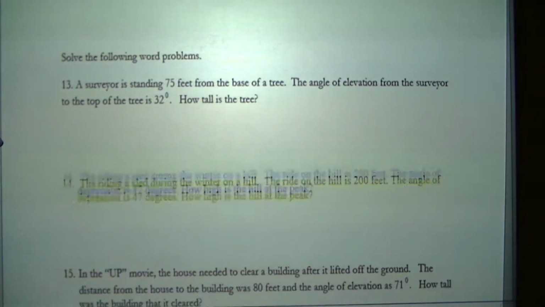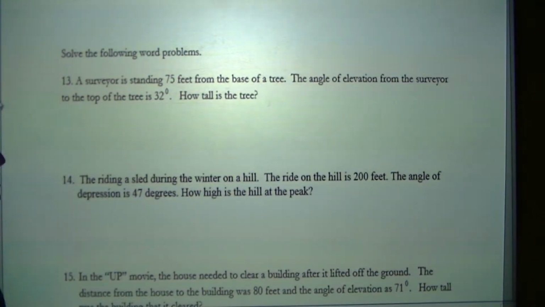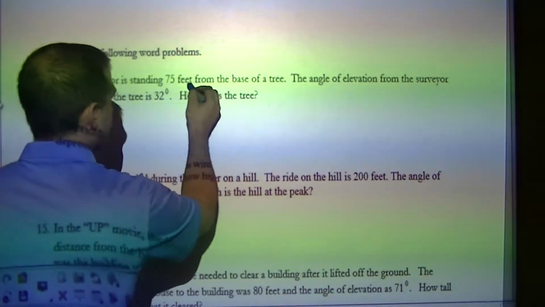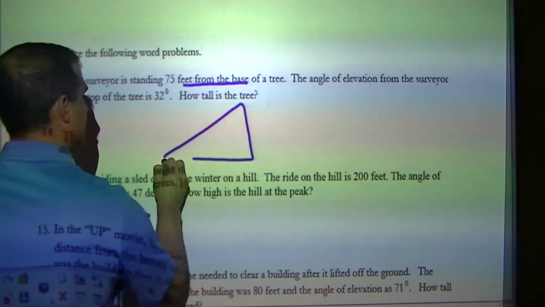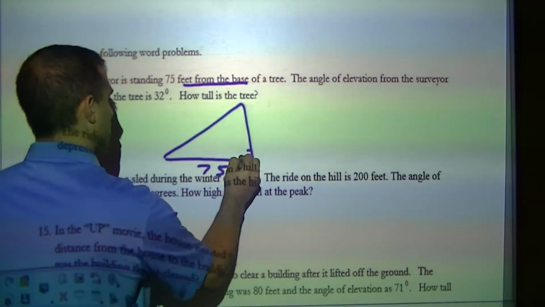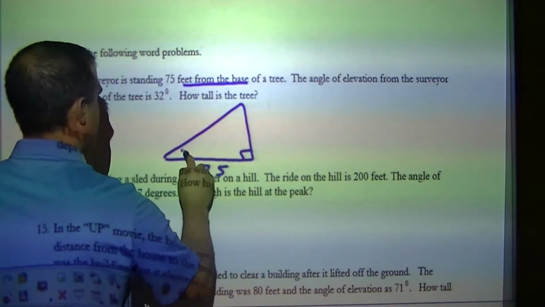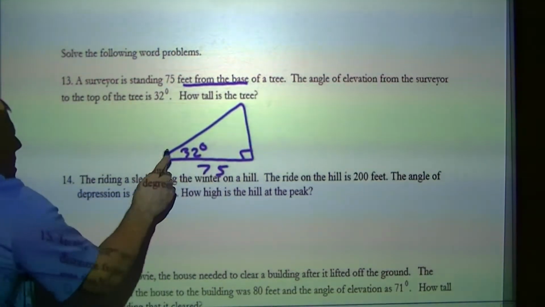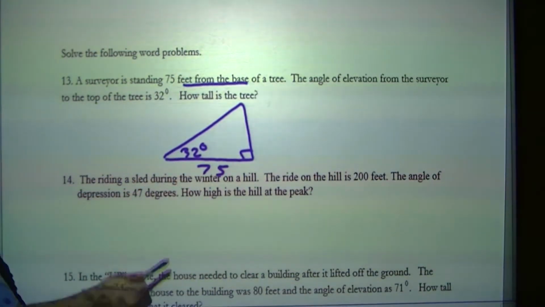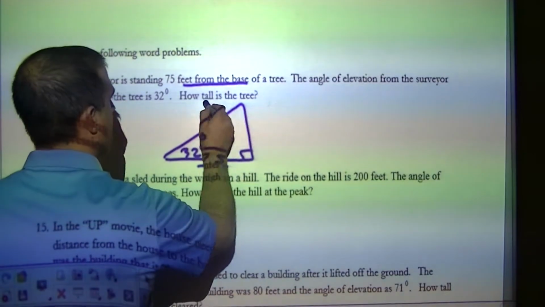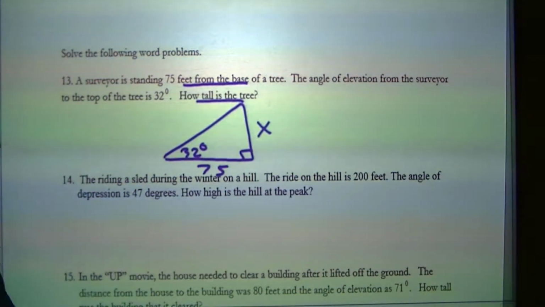These are your word problems. Say a surveyor is standing 75 feet from the base. From the base, that's referring to this. We're always going to have right angles with this. The angle of elevation is 32 degrees. Angle of elevation or depression always goes there. How tall is the tree? Think about the height.